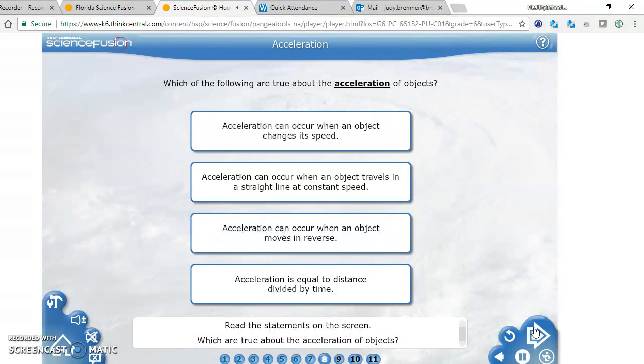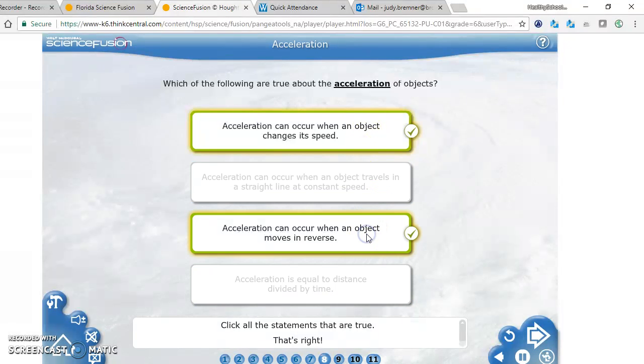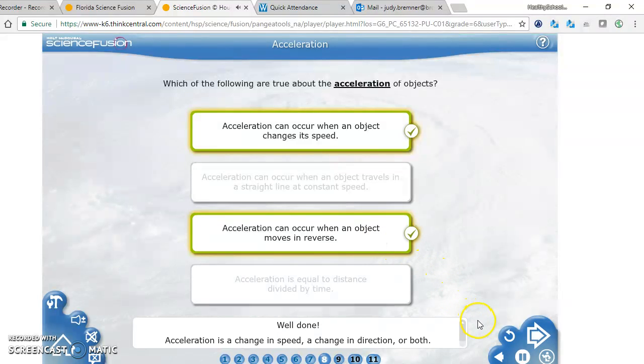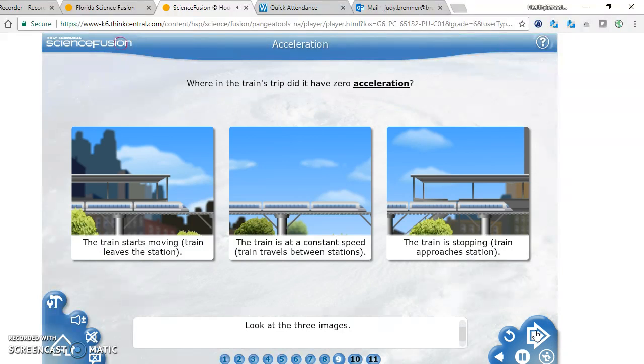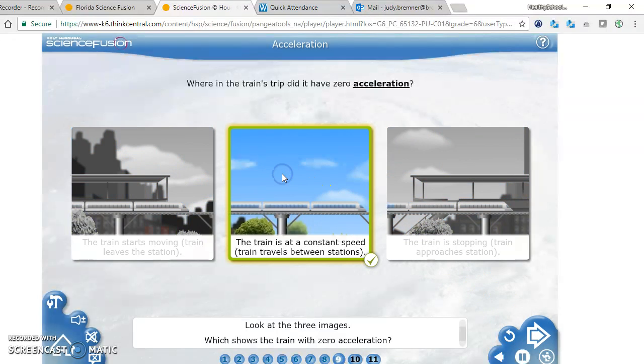Which of the following are true about the acceleration of objects? That's right. Acceleration is a change in speed, a change in direction, or both. Where in the train's trip did it have 0 acceleration? That's correct.